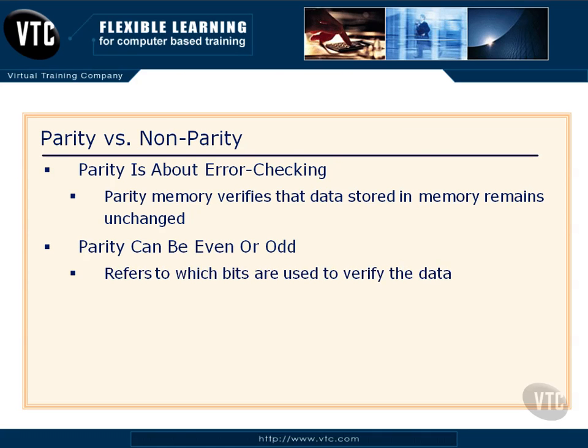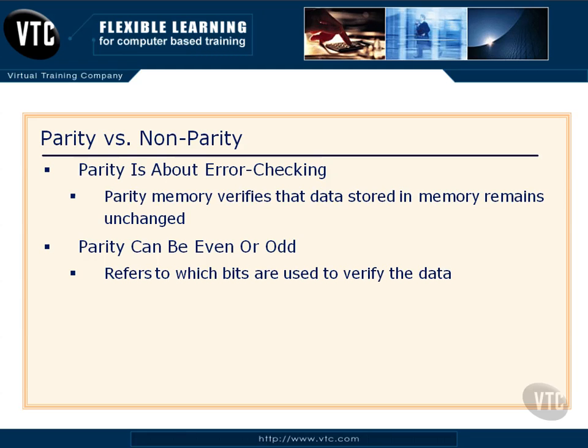Now, parity can be described as being even or odd. What do they mean by that? Well, this refers to which bits are used to verify the data. So if you've got 8 bits, let's say, I can use the odd bits. Say I've got odd parity. Well, I'm going to add up the odd bits and end up with a number, and then I can set another bit to indicate what those odd number bits turned out to be.